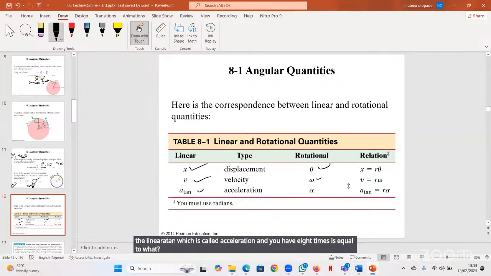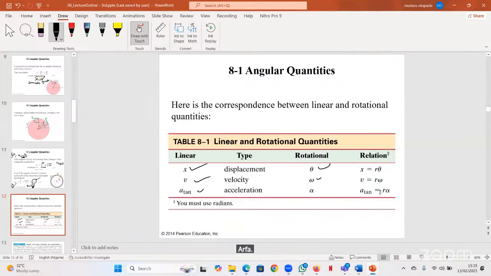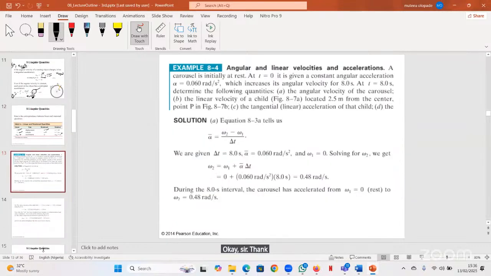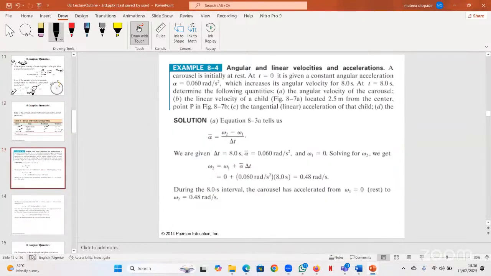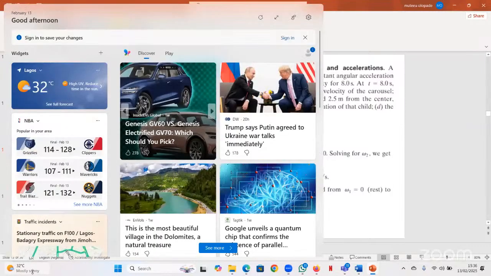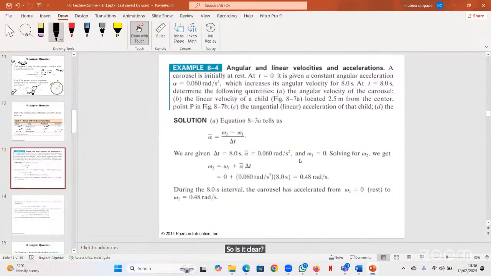R alpha. That is what you have for the tangential component. So is it clear? I hope it is clear. Yes, sir. It is clear.